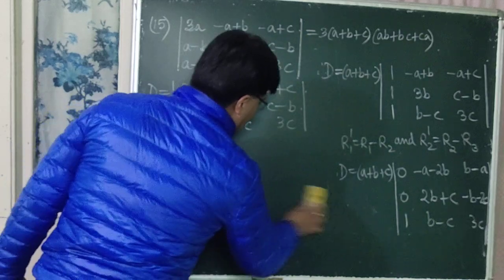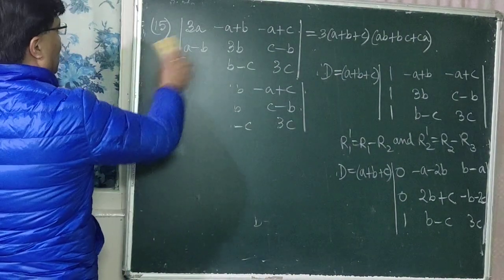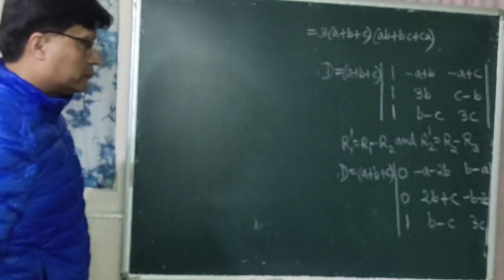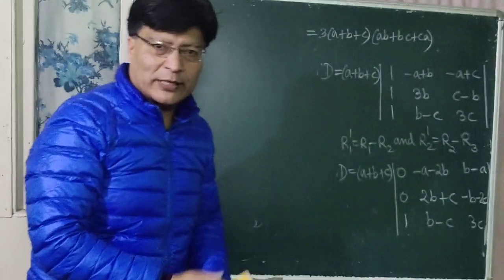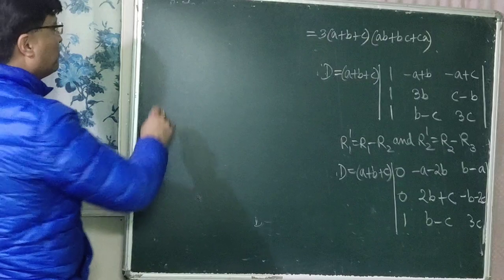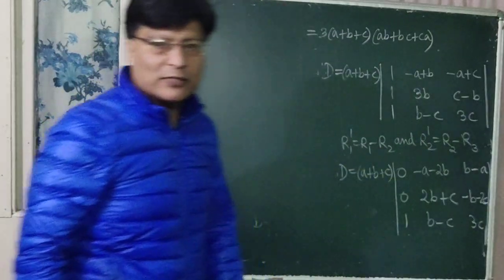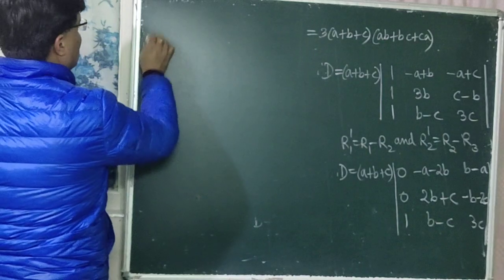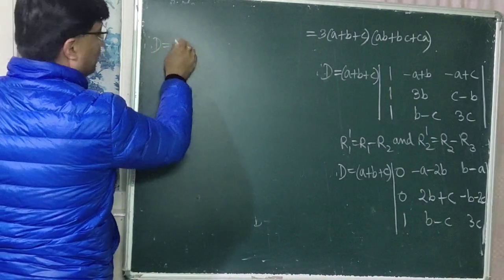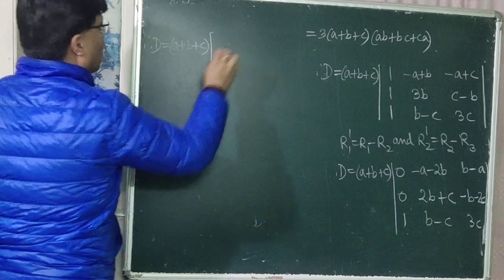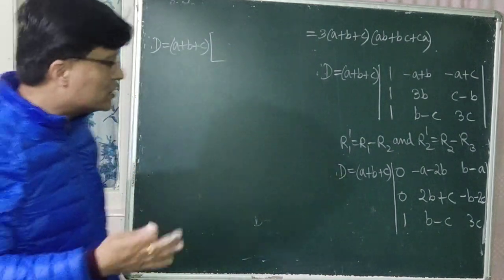So let us expand it with respect to the first column because there are 2 zeros in this first column. Therefore D is equal to A plus B plus C. Now within the third bracket, what is the expression?